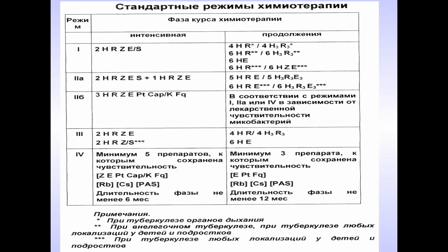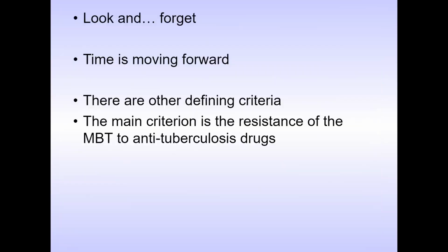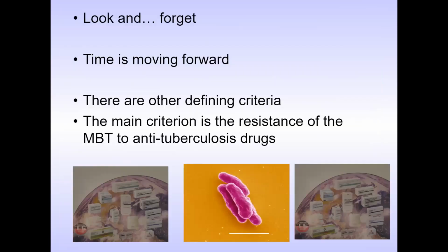It is very hard to understand, but you can look at this and forget. Time is moving forward, and there are other defining criteria. The main criterion is the resistance of the MBT to antituberculosis drugs.